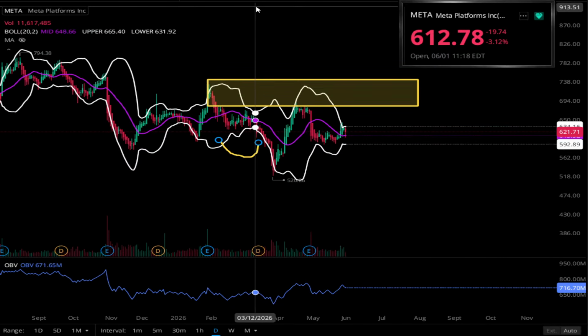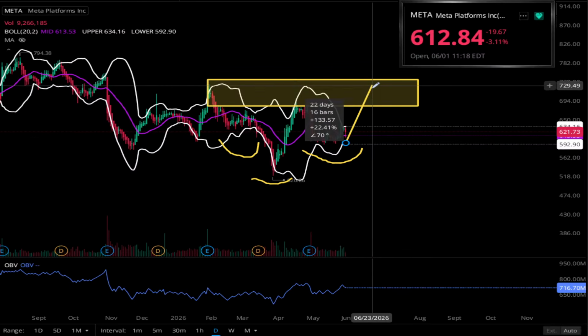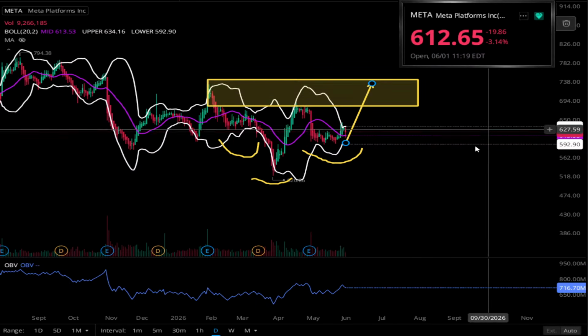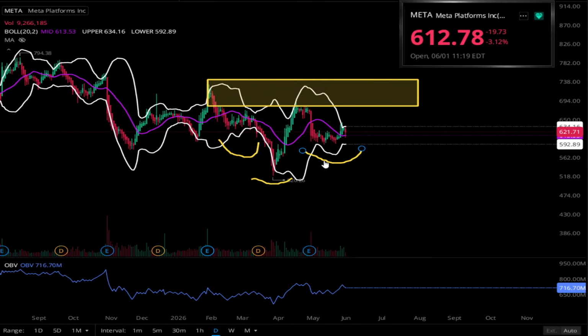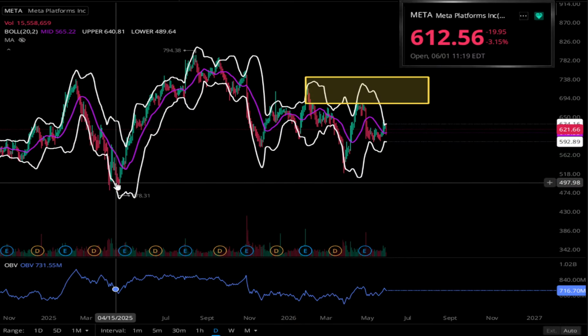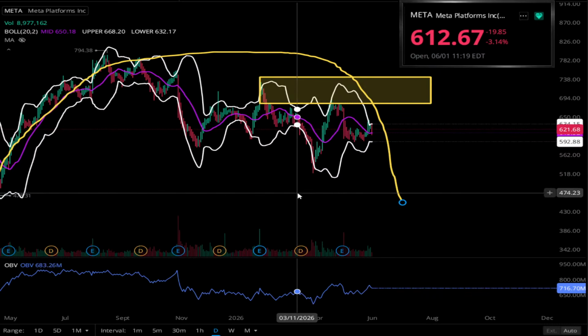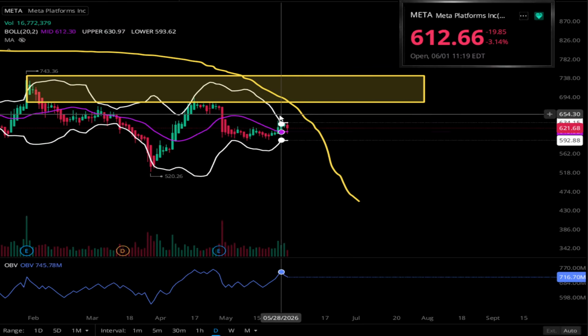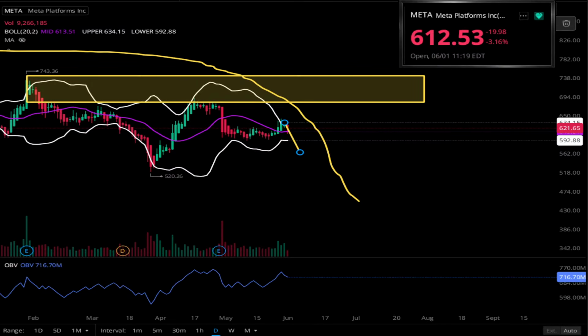We potentially have this inverse head and shoulders, which can be telling us that, okay, if we're going to get our push down and get the liquidity we need, then we absolutely can head upward. However, we also potentially have this very large inverse cup forming. With us being at the upper Bollinger range, that gives us a lot of room to push down to that lower Bollinger.